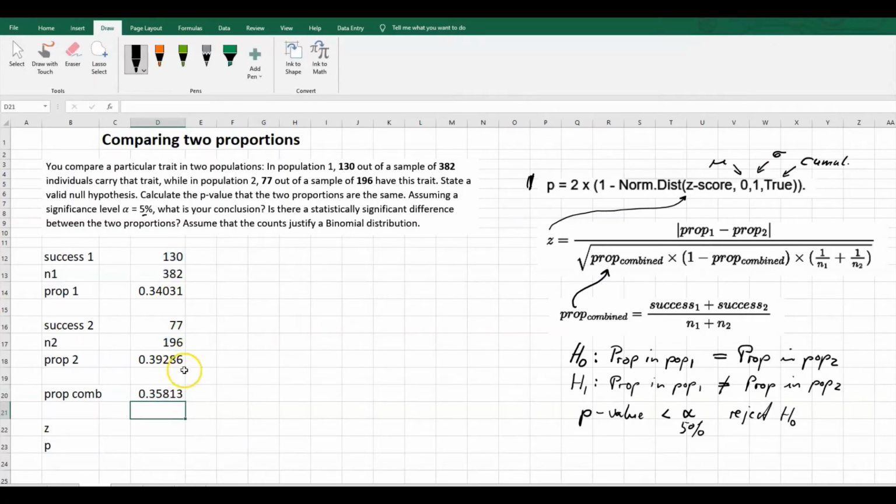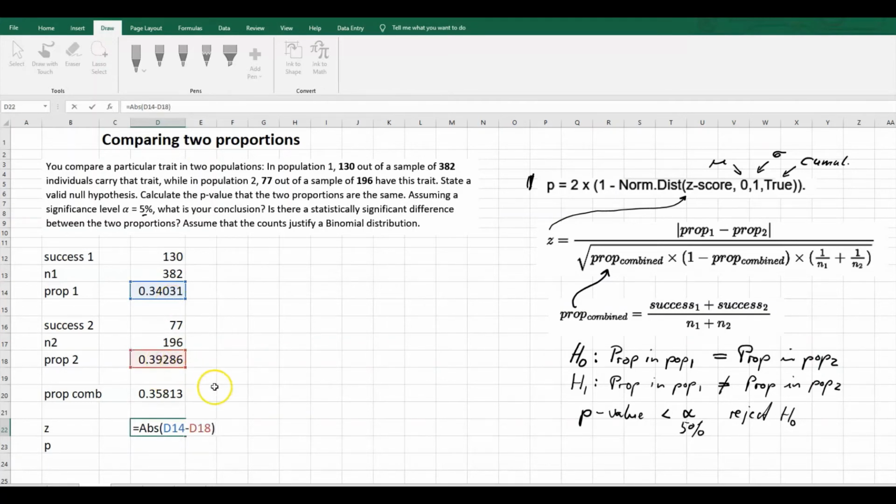Okay, so that gives us the combined proportion. Now we can calculate the z-score. So let's get started. Equals. We need to take the absolute value of the difference between the proportion 1 minus the proportion 2.